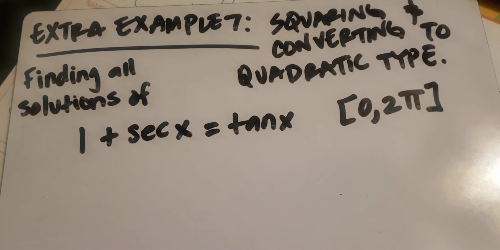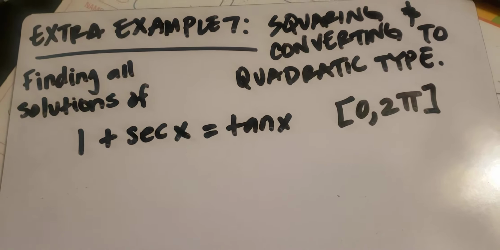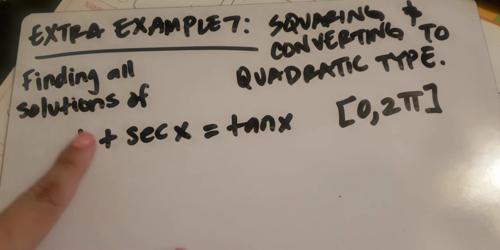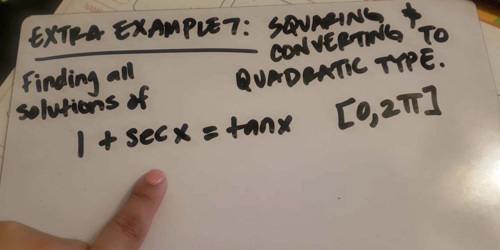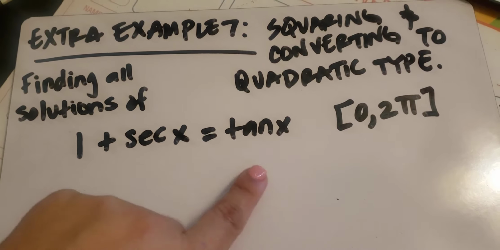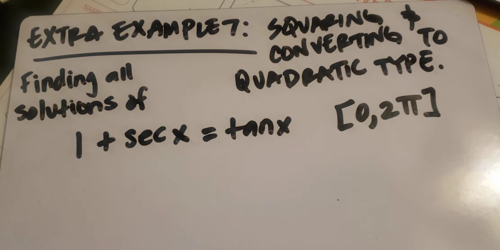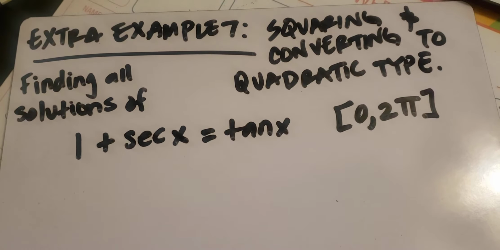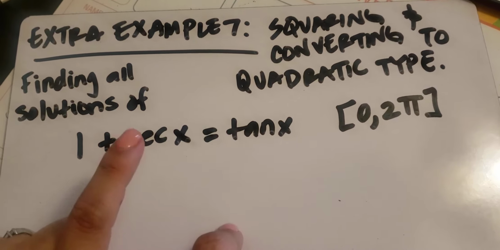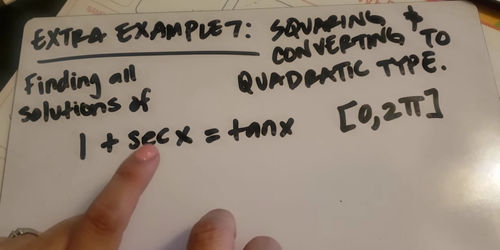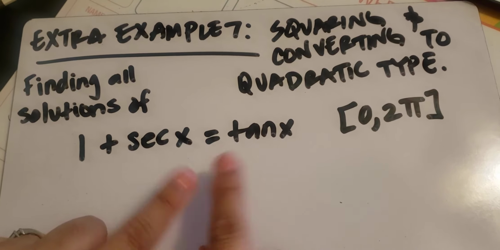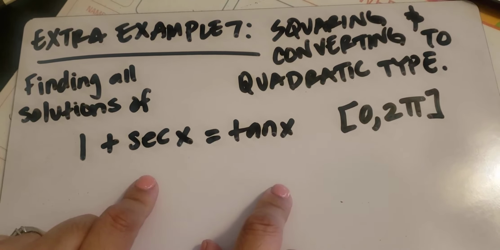Okay. And so the first example that we have, they're asking us to find all solutions of 1 plus secant of x equals tangent of x. Okay. So a couple things you might notice. Secant and tangent don't have any direct correlation.